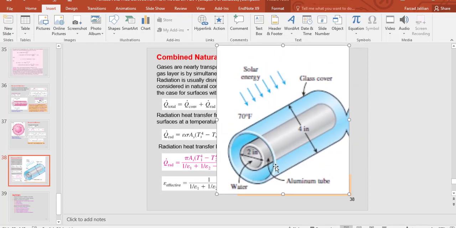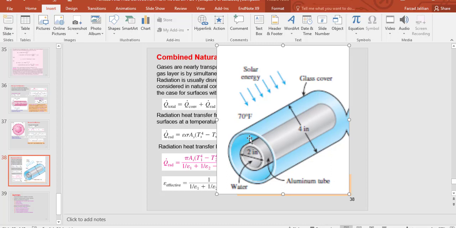We have two concentric cylinders, and the outer cylinder is transparent and the inner one is opaque, which is an aluminum tube, and the outer one is a glass cover.